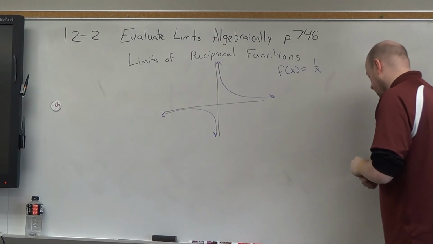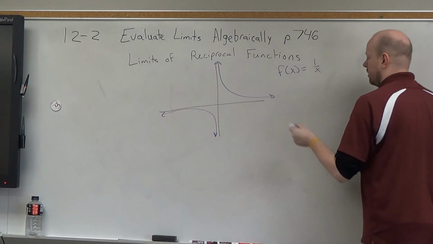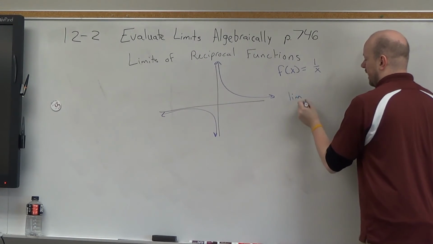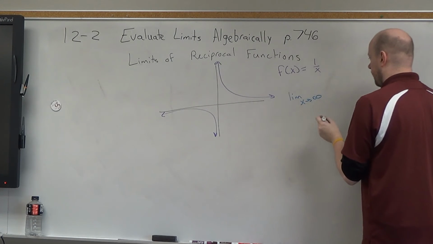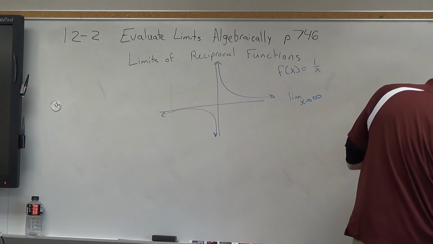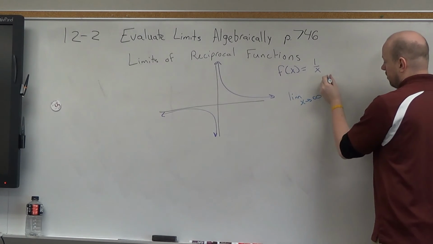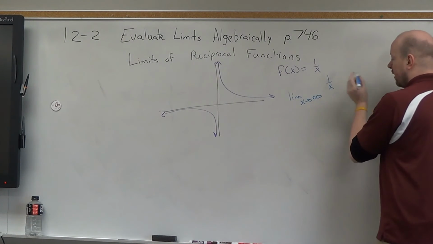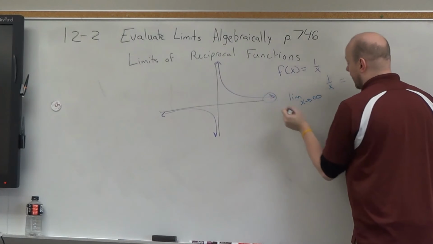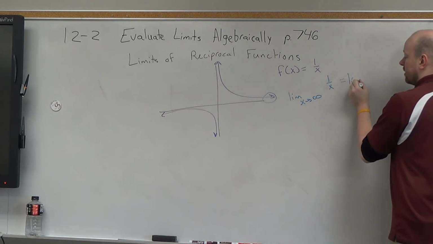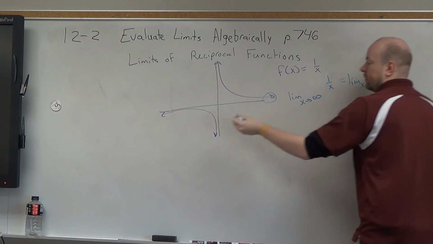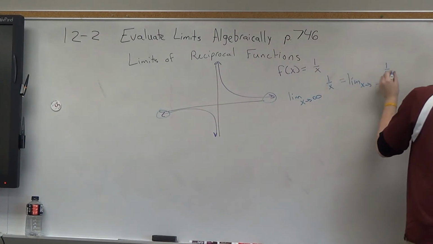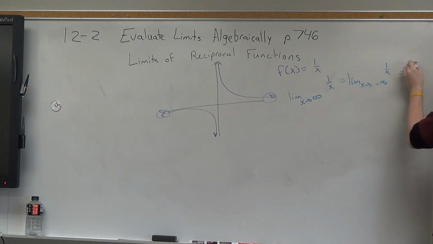It's interesting to note that the limit as x approaches infinity for a reciprocal function, so a 1 over x, as we see here, also equals the limit as x approaches negative infinity for 1 over x, which we see here, which, as we can also tell, is just 0.